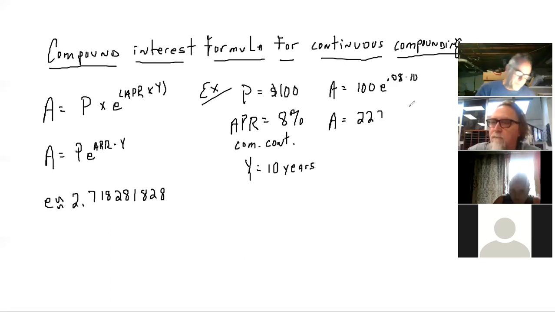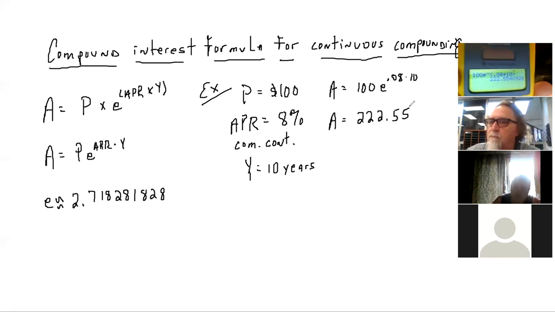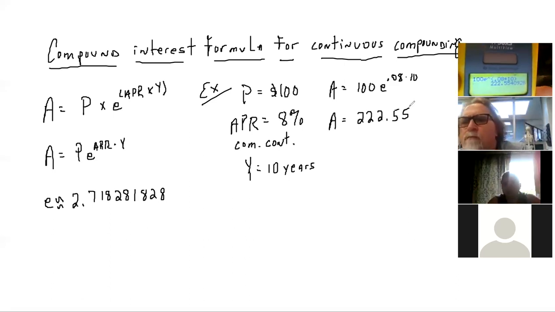I'm going to punch this one in the calculator. 0.08 times 10. So you can see the 100, right beside the 100, you see the E. You see the caret symbol for exponent.